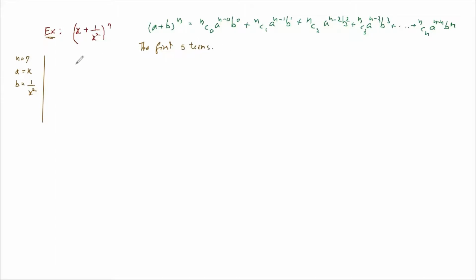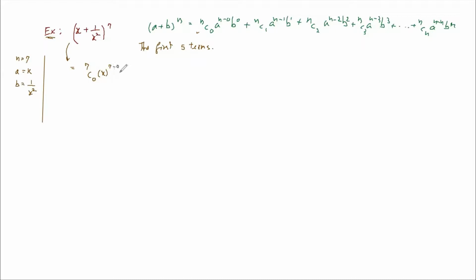So in this case, we do this formula. So n is 7, 7C0, a is x. So you have 7 minus 0 is 7, correct? I don't need to write it again, okay? It's one more step, but if you know, you can skip.